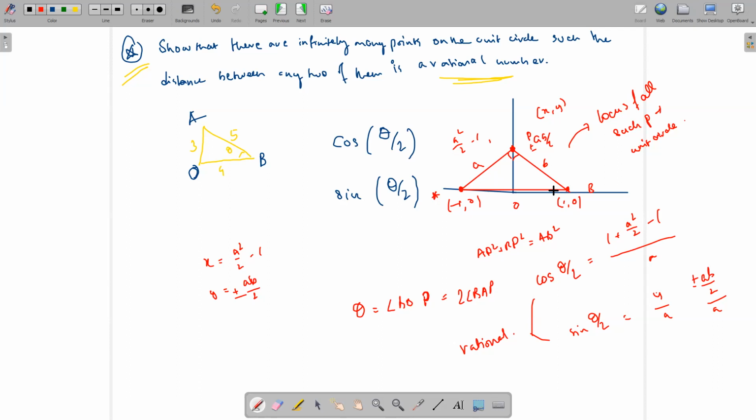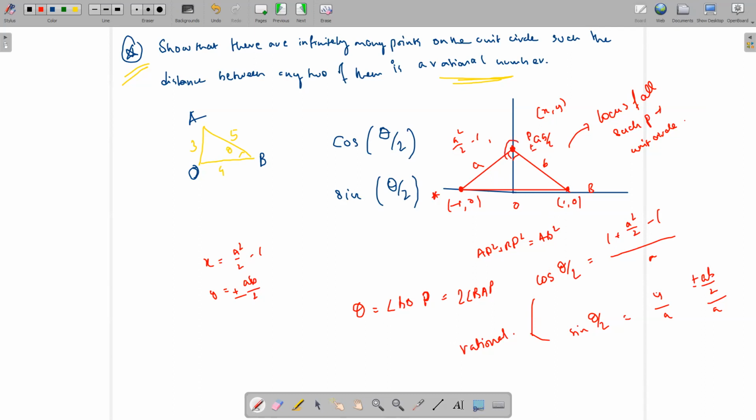Then the other thing is that this theta is not a rational multiple of pi, so it will not repeat. It will not be such that a theta minus b theta, 2a theta minus 2b theta, is some 2 pi. That will not happen.